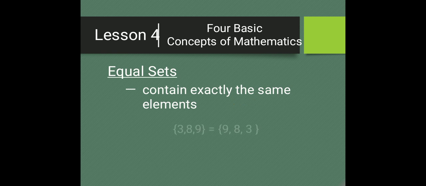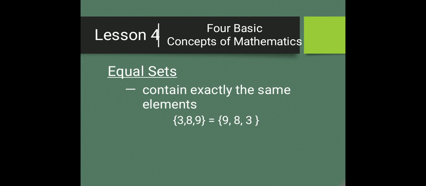Say for example this one, if set A contains elements 3, 8, and 9, and set B contains elements 9, 8, and 3, note that set A contains 3 at may 3 din si set B, may 8 si set A, may 8 din si set B, may 9 rin si set A, at may 9 rin si set B. So, it means that they contain exactly the same elements. So, ang tawag sa mga sets na yan are equal sets.